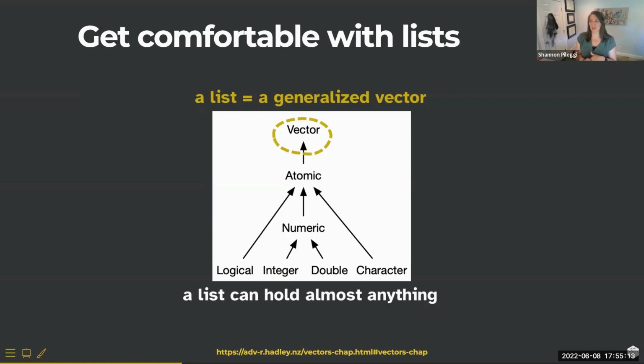You're probably used to looking at columns in a data frame that are logical, integer, or numeric, like either double or character. But a list, these are all different types of atomic vectors, and a list is a generalized vector that can hold almost anything, and that's what we're going to be working with today.